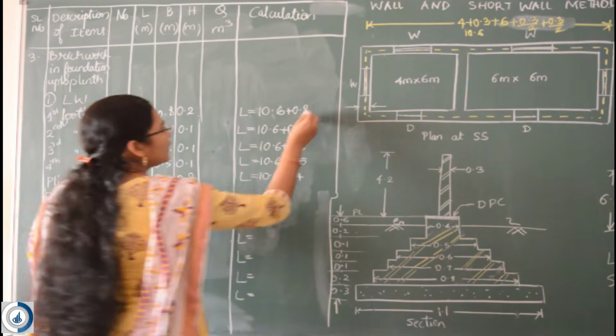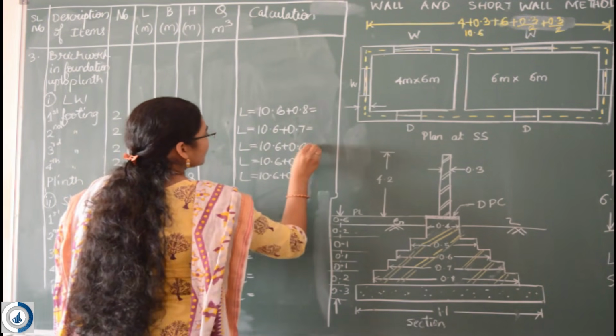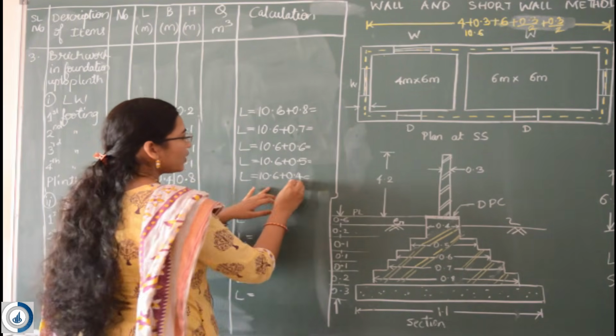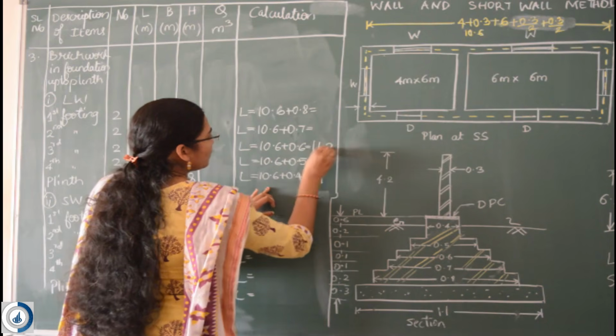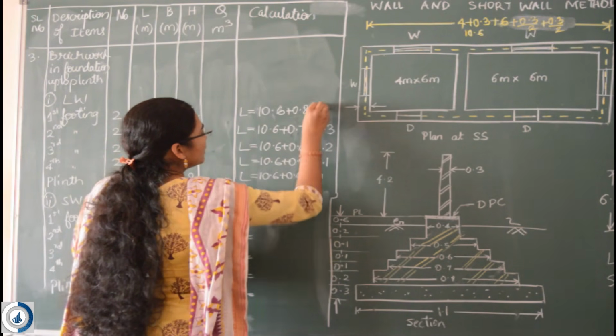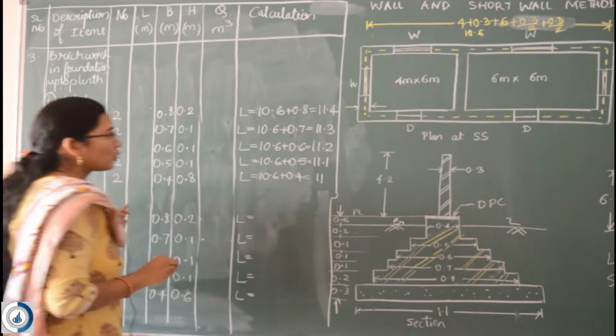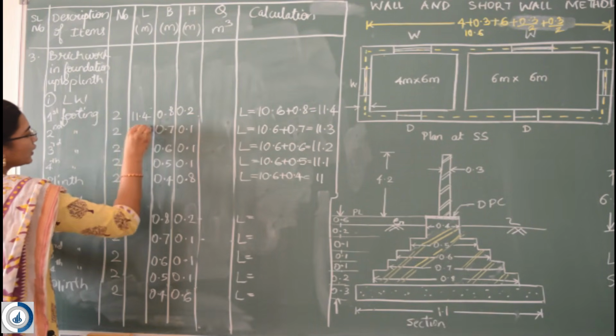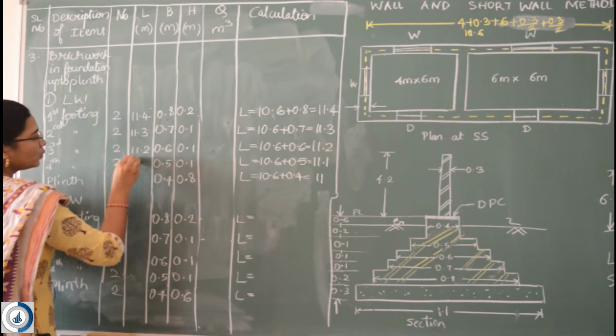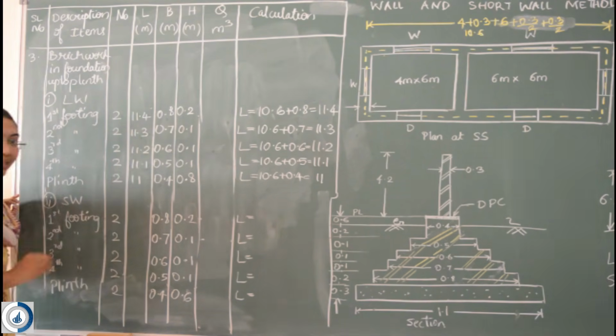So we have to calculate all these distances. So 10.6 plus 0.8 is 11.4, then 11.3, 11.2, 11.1 and 11. So I'll be writing here 11.4, 11.3, 11.2, 11.1 and 11.